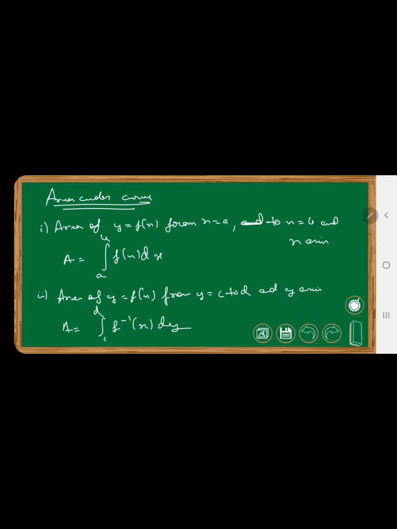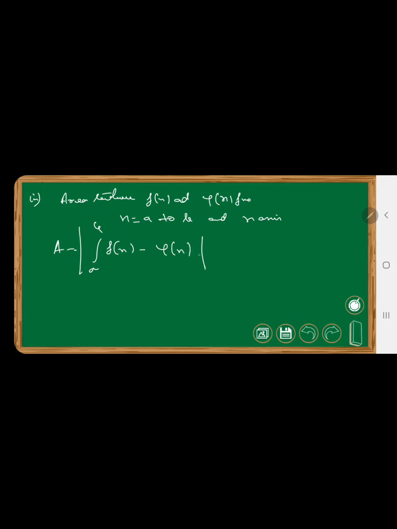Third one is that if you are given the area between f of x and psi of x from x equals a to b, the area is given as the integration from a to b of the mod of f of x minus psi of x dx.